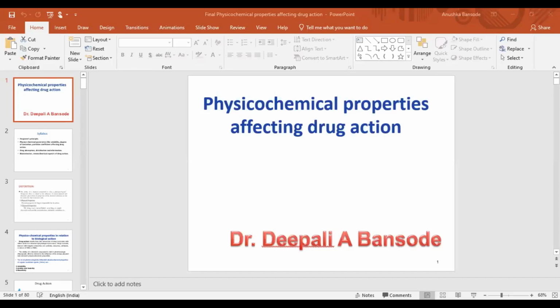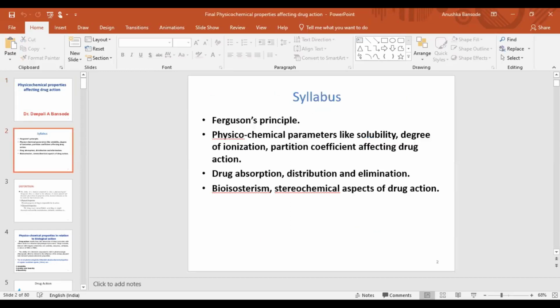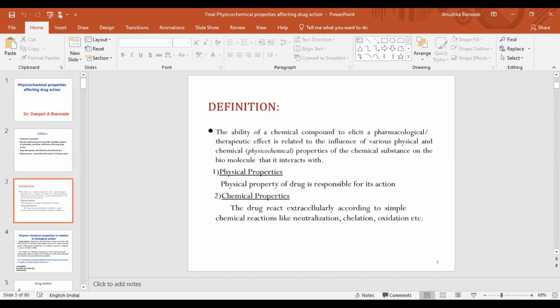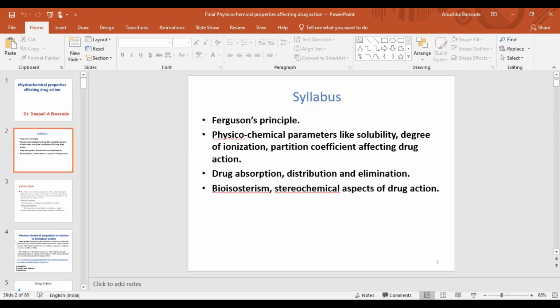So we will shift towards the properties which affect drug action. Herein we are going to study Ferguson's principle. Apart from that, we will study solubility, degree of ionization, partition coefficient, drug absorption, bioisosterism, distribution, elimination, and stereochemical aspects of drug action.